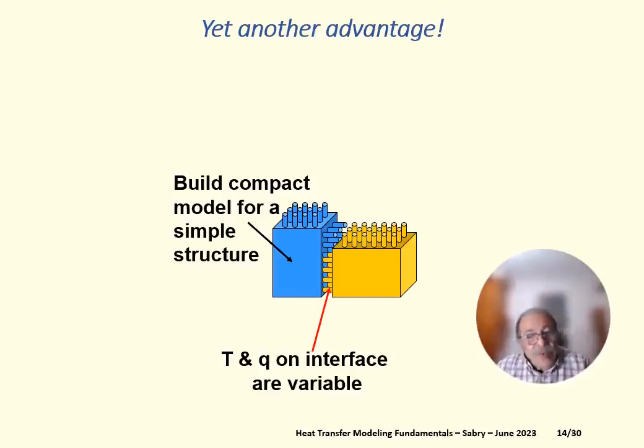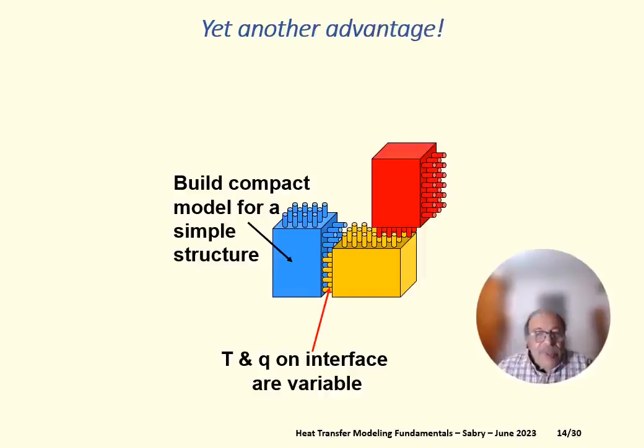If I had used the H, then there would be a strong error because I have to assume either temperature is uniform or Q is uniform, which is not the case. I can also add another element and another element, etc., to build a complicated structure out of simple structures by joining the compact model of each structure made alone.